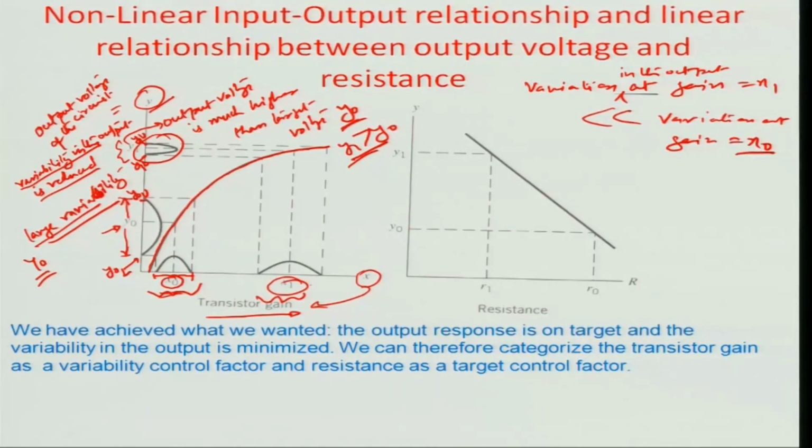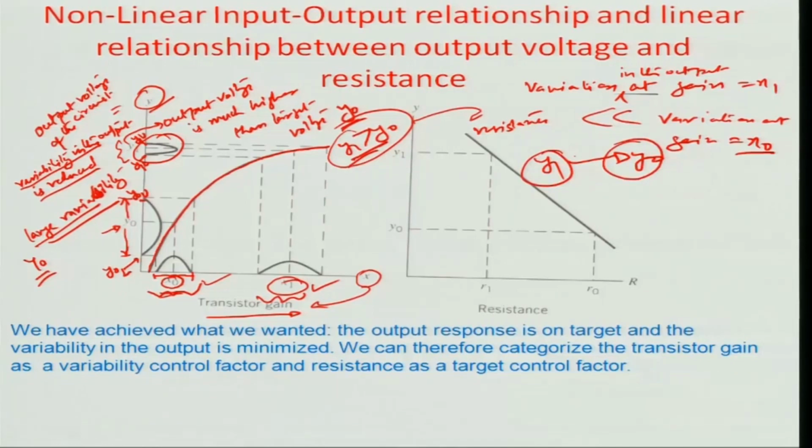As a designer you really have to choose how you would like to plan your circuit to operate. Because the mean value Y1 is much higher than Y0, you could bring a resistive loss component by putting an additional resistance in the circuit, so that there is a drop in voltage and Y1 can come to Y0.